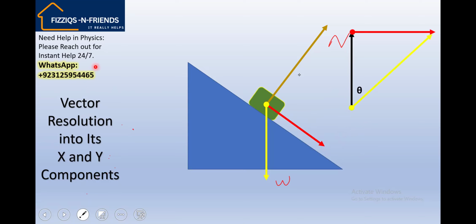In this case, we had a force which is called F, and this was F cos theta, and that was F sine theta. So for example, I am considering this force as W, as weight. So let's see how we will get it. I need to see that this should be W sine theta and this should be W cos theta.